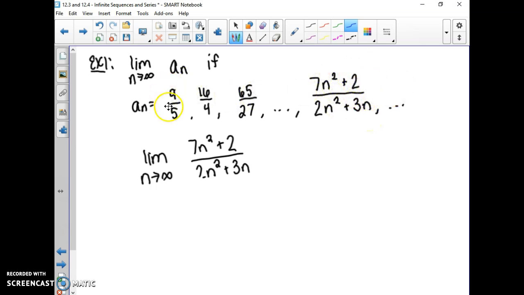So the first term, it was 7 times 1 squared plus 2, which gives you 9, and 2 times 1 squared plus 3 times 1, which is 5. They're telling you how they got the rule for the sequence each time. The likelihood that you're going to come up with this right here, if they don't give it to you, is very low. So really, the only thing that you need to worry about here is this part.